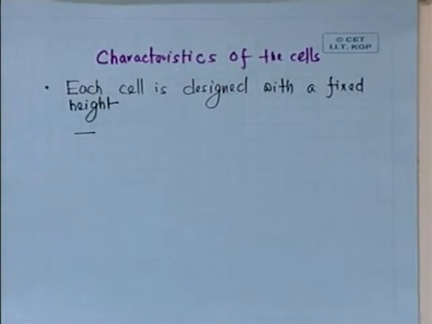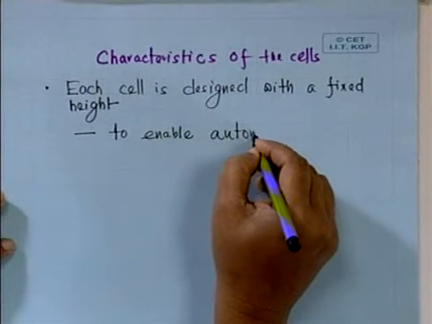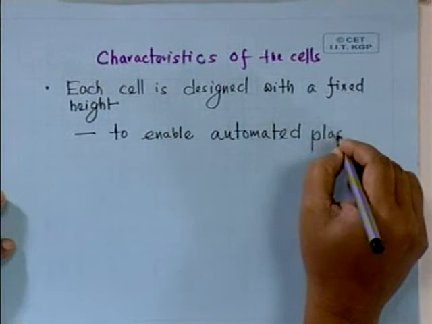Why? Just now we have seen the picture, it is placed in a row and the height and width of the row is fixed. So this is to enable automated placement of the cells.